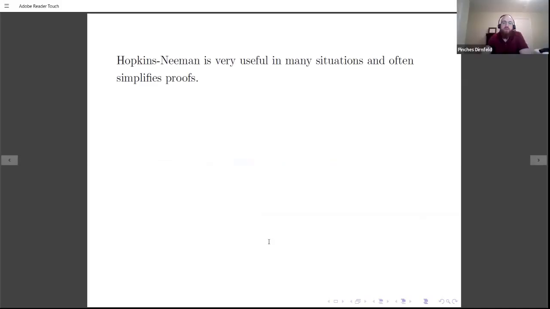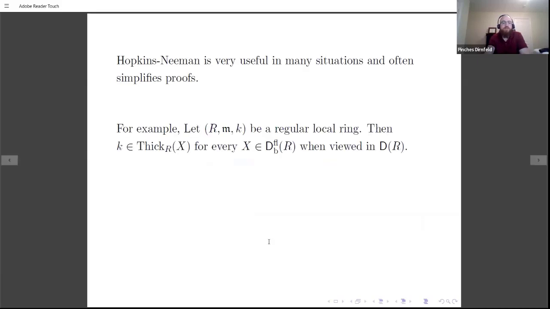Hopkins and Neeman is very useful in many situations. One of my favorite examples, which still baffles me a little bit: if I have a regular local ring, then k is in the thick subcategory generated by X for every X which has bounded finite length homology.